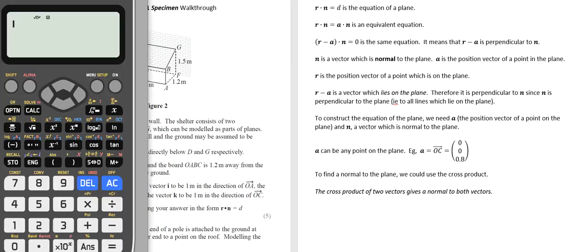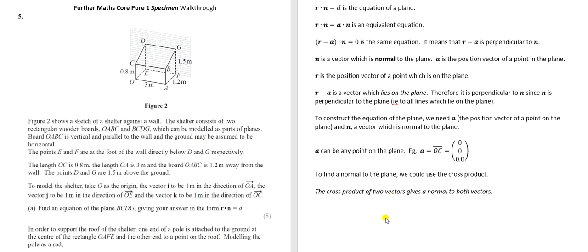Now, conveniently enough, our calculator can deal with not just defining vectors, but cross product of vectors. So if we decide we're going to use the two vectors I mentioned, the vector CB and the vector CD, the vector from C to B is just 3, 0, 0.